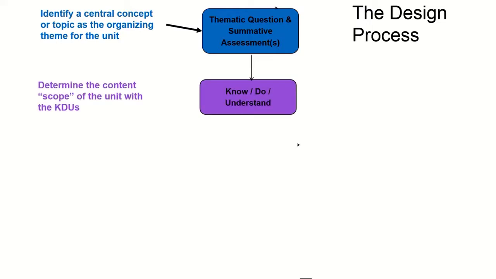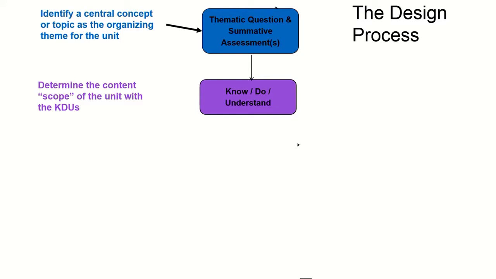What possible summative assessments might we use, knowing that either of these things might change as this idea evolves. So then we determine the scope of the unit. The scope is the breadth of the unit. The sequence is the order in which we do things. So what we're doing here is building a scope and sequence.